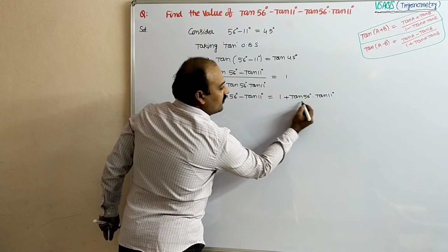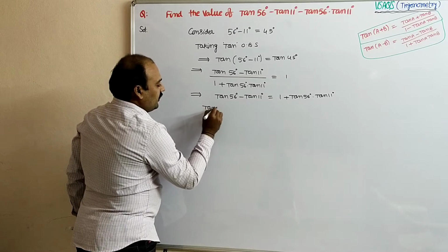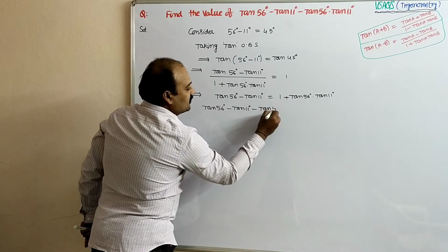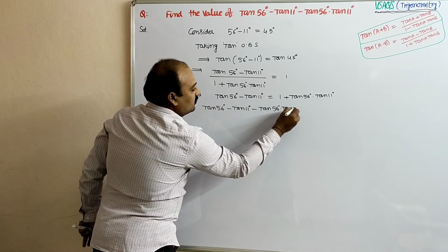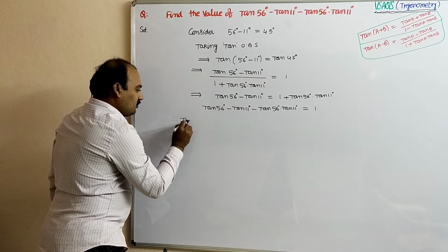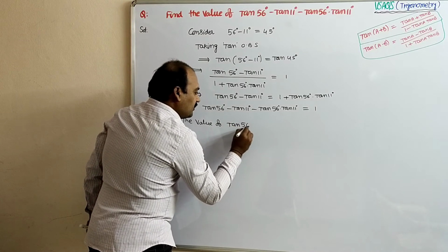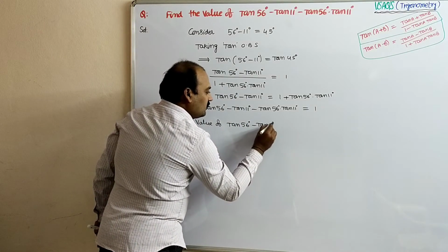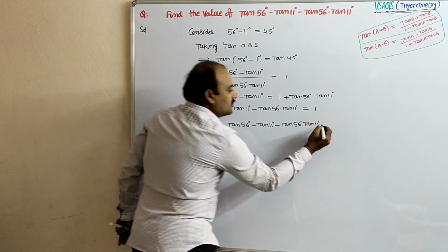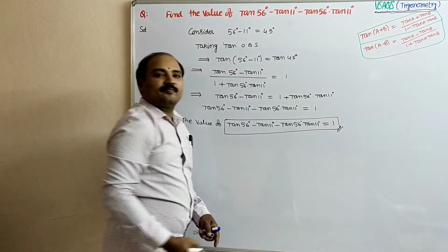We can take these values, tan 56 into tan 11, to this side because of the minus. Therefore tan 56 minus tan 11 minus tan 56 into tan 11 is equal to 1. We'll move to the next question.